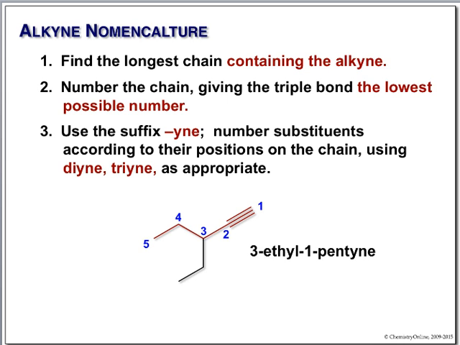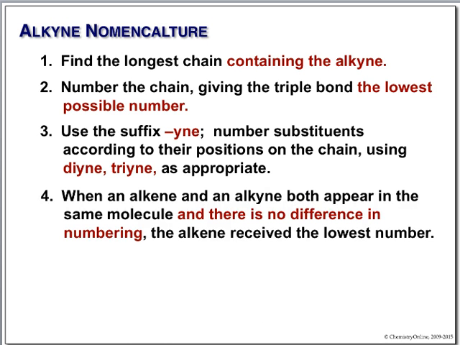Any questions? Now, quite often, especially in naturally occurring products that have triple bonds, you will have mixtures of double and triple bonds together. An example of this might be something like this molecule. Because of the mixed functionality, you have to have a rule.